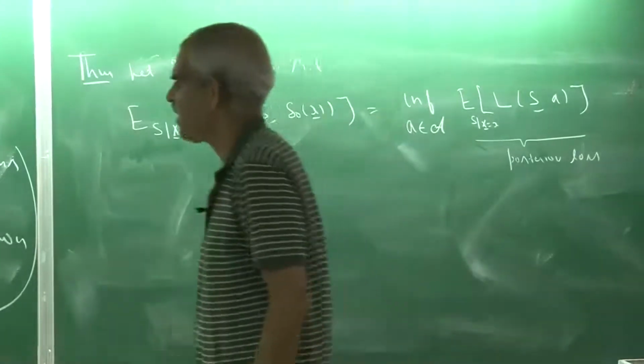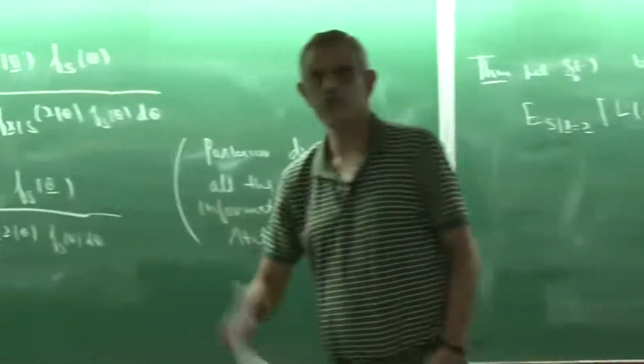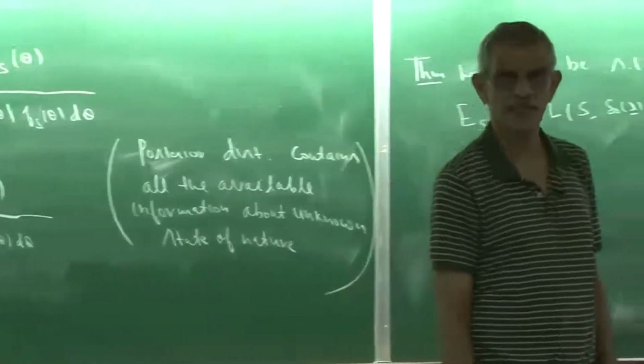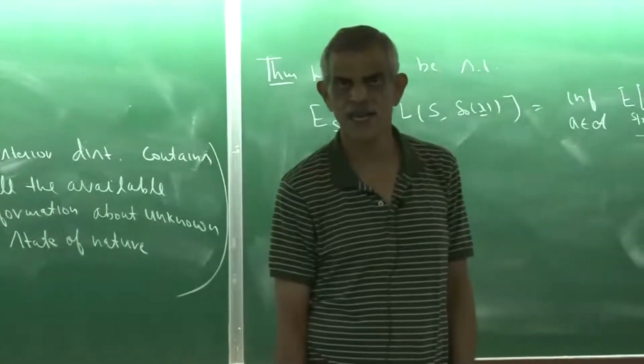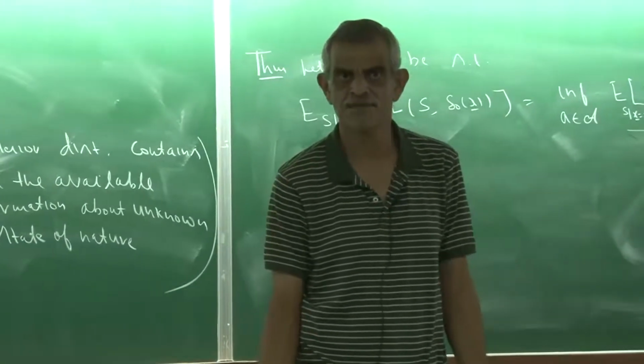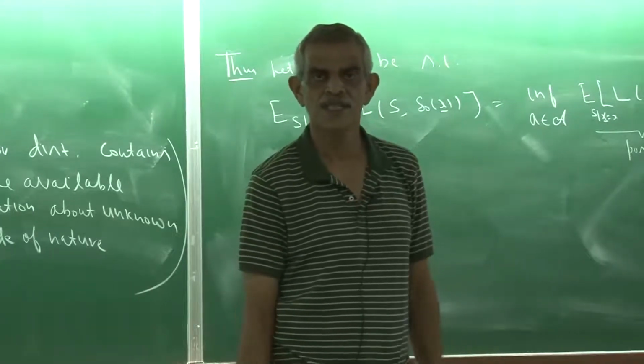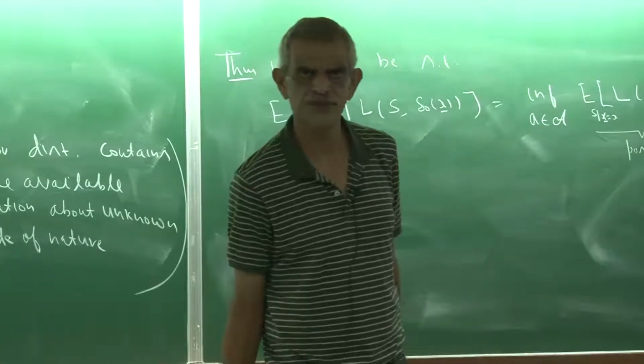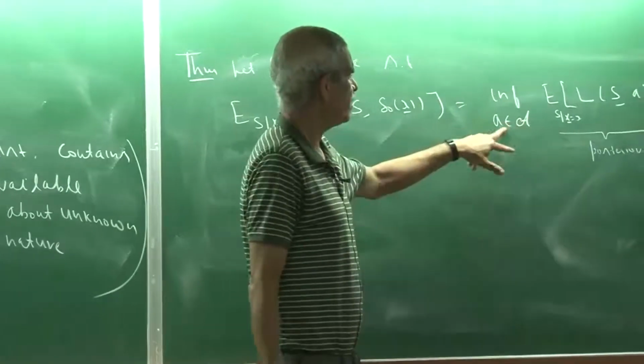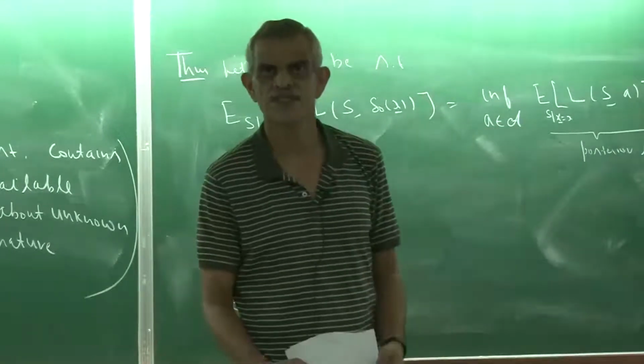That justifies why the posterior distribution is important in Bayesian analysis, which is what my intuition was suggesting: all the information about theta is contained in the posterior distribution, so only the posterior distribution should matter.